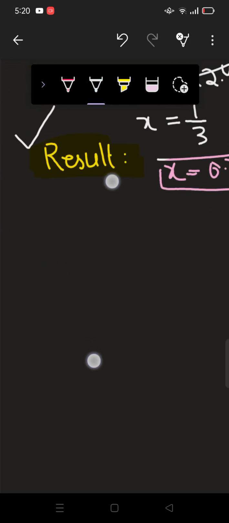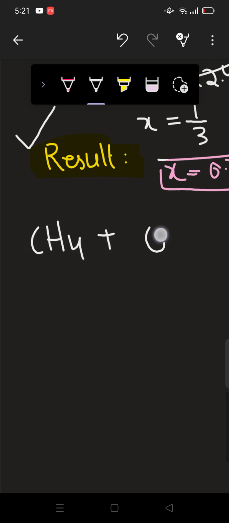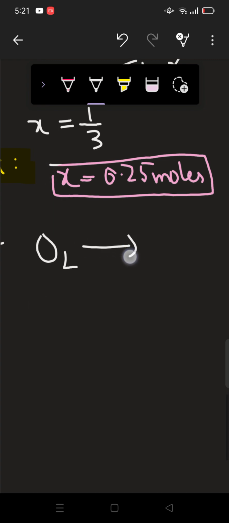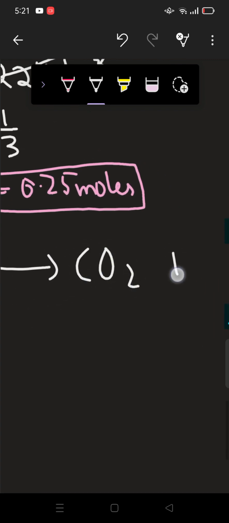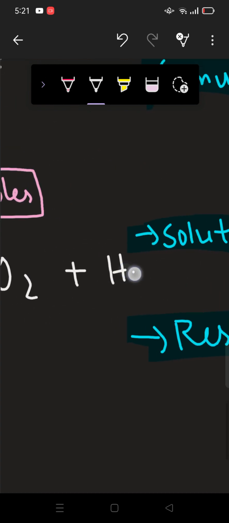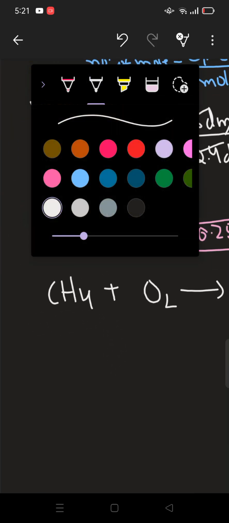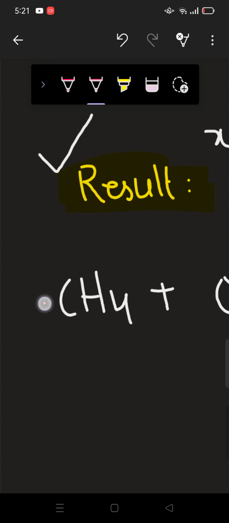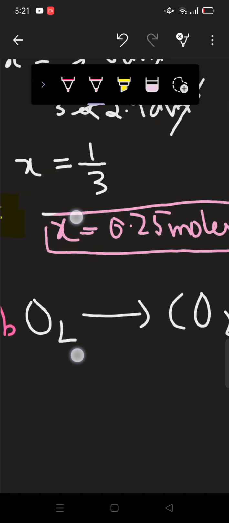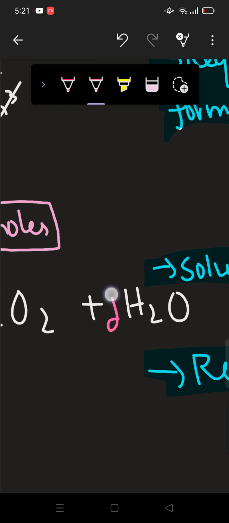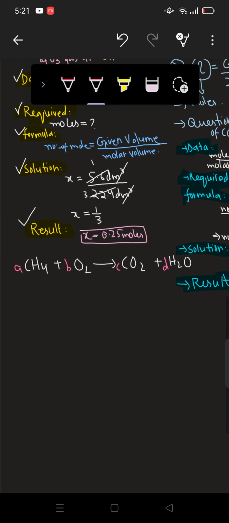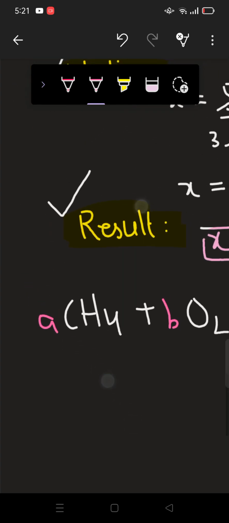What was the equation we have? CH4 burned in the presence of oxygen produces carbon dioxide and water, right? Now we need to balance it. For balancing this equation, we need to give it variables, A, B, C, D. This is just a revision of the balancing of chemical equations, since we have already learned how to balance them.